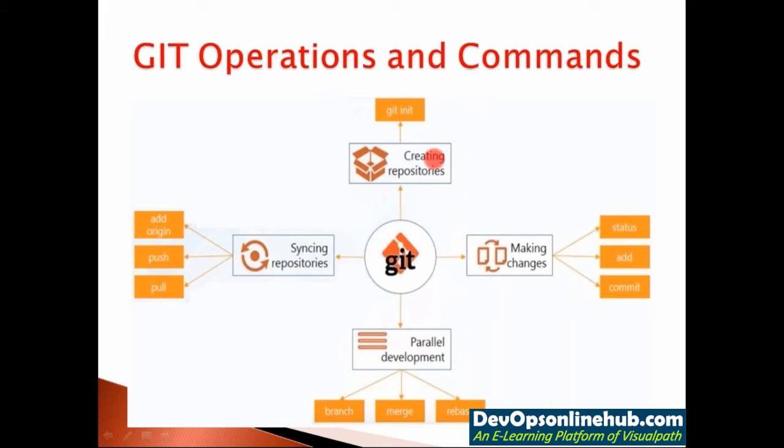After that, making changes. When we create a repository, we add a file, and it is obvious that we do our coding in that file. Then we can check the status and add that file, as we saw in the previous slide; after adding, it goes to the staging area, and after committing it goes to the local repository.